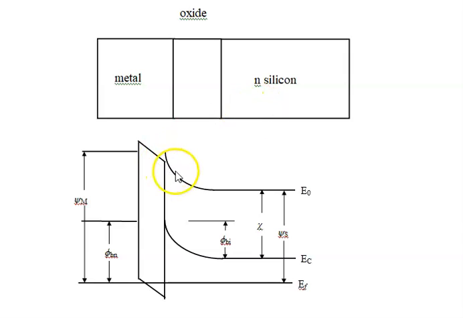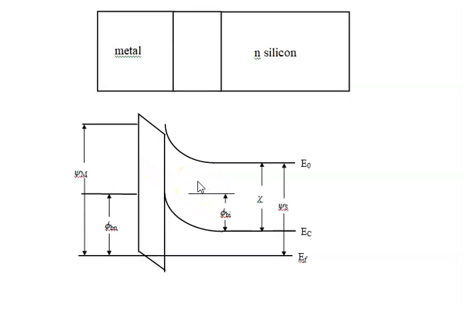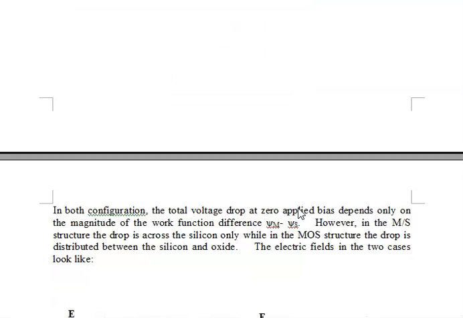In the silicon depletion region, the rho, the volume charge density, is constant, the electric field is linear, and the energy is parabolic. So we've seen that quite a bit before. Notice again, for this particular structure, the metal work function is greater than the silicon work function.